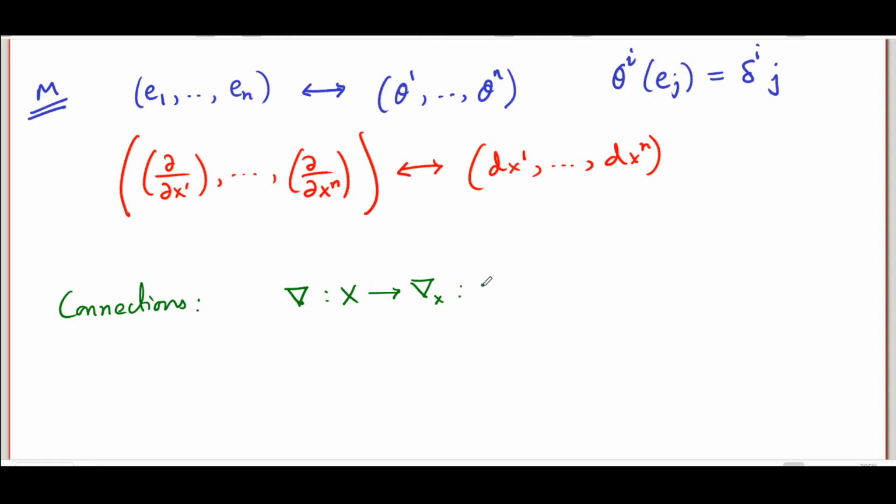Now, this is a map which actually maps smooth vector fields into other smooth vector fields. Of course, there are a lot of additional properties which have to be satisfied before you can legitimately call something a connection. These properties are basically based on making this as close to ordinary directional derivatives on R^n as possible.